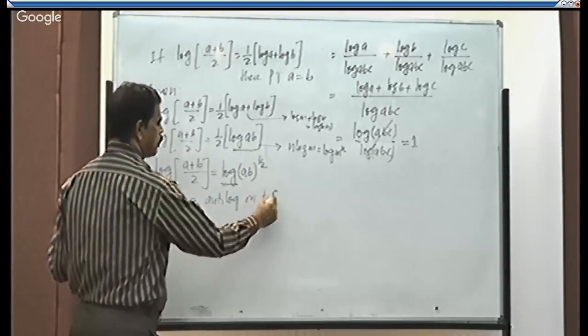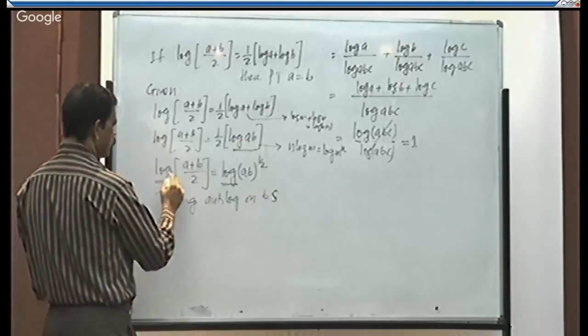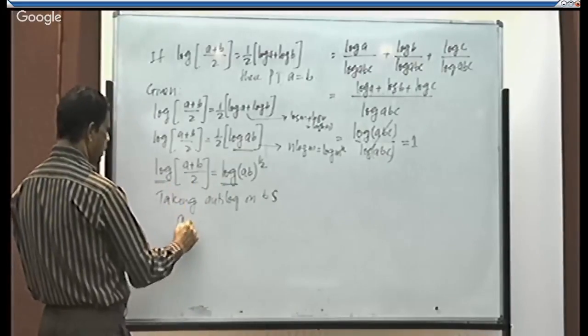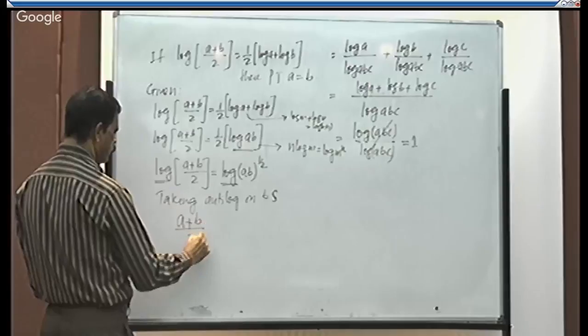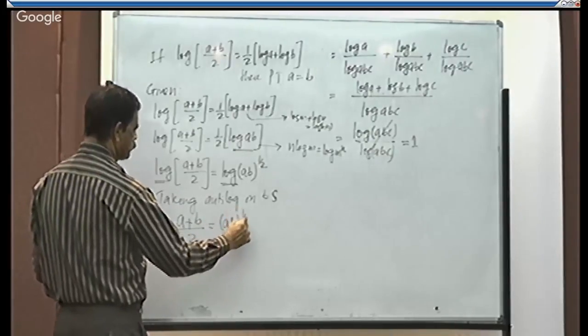The purpose of taking anti-log is to cancel the log on both sides. It becomes (a plus b) divided by 2 is equal to ab to the power of 1 by 2.